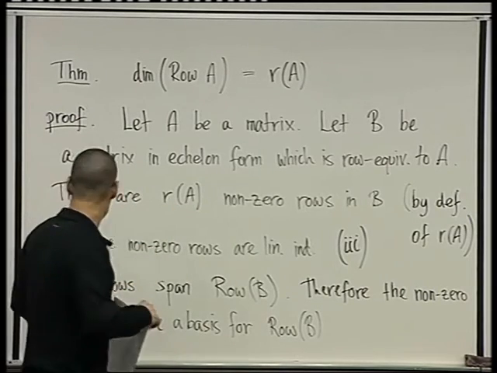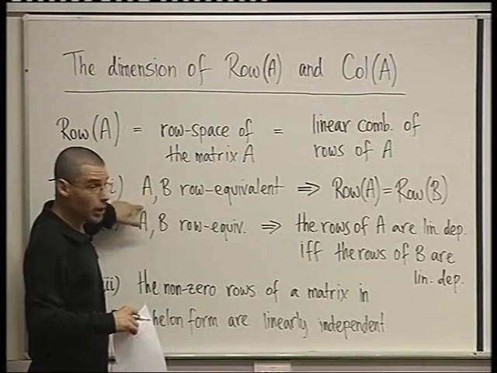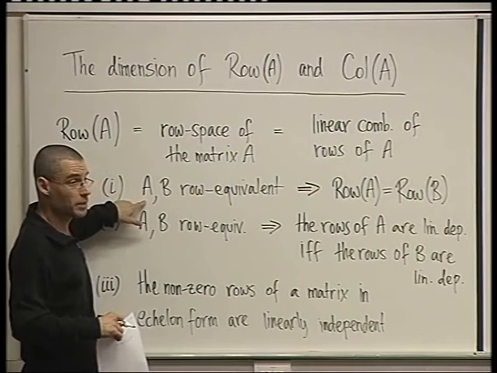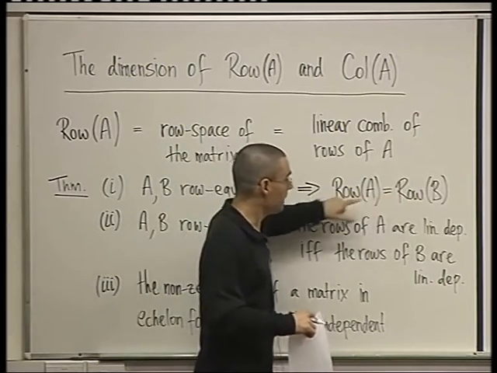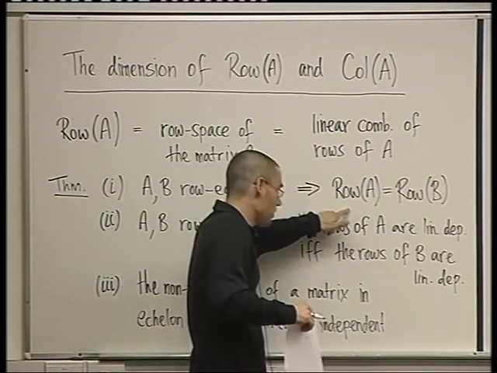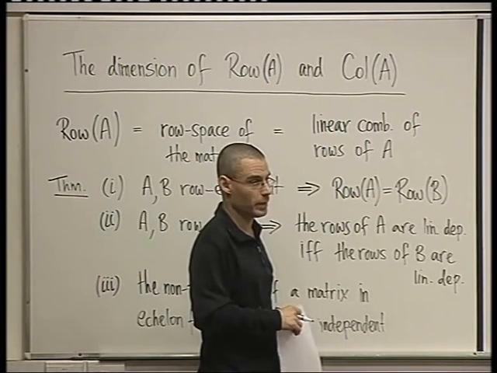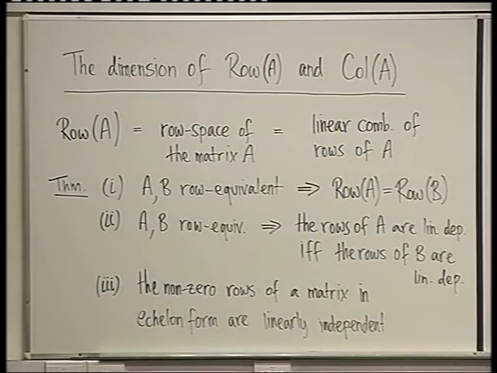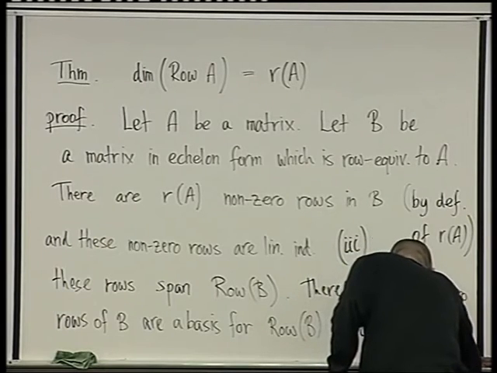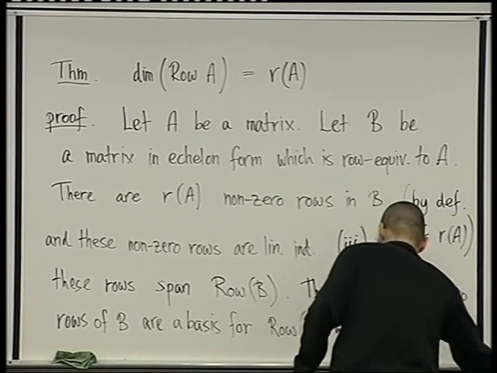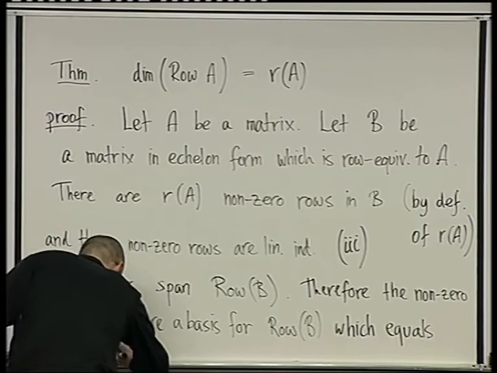And now, if we go back to the previous board, again, A and B are row equivalent. B is the echelon form corresponding to A. By theorem 1, row of A and row of B are the same. So the dimension of row of A equals the dimension of row of B, which we just showed is R of A. So let me write that. The non-zero rows are a basis for row of B, which equals row of A by 1.